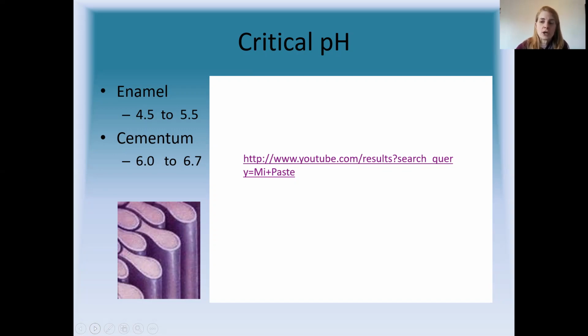That's why root surface caries progress so much faster and can be so much more rampant. Enamel 4.5 to 5.5, cementum 6.0 to 6.7. You've got to remember those numbers. You're going to see those numbers constantly.